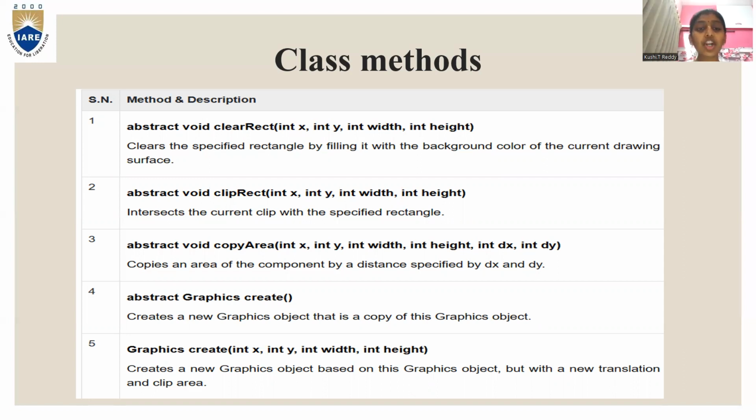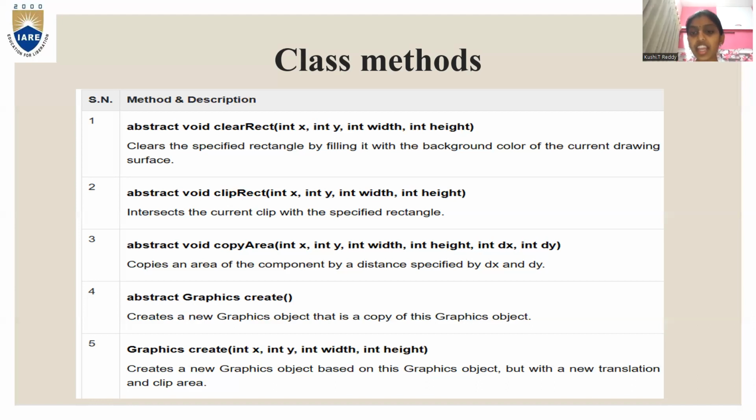Next is abstract void clipRect, which intersects the current clip with the specified rectangle. Then abstract void copyArea(int x, int y, int width, int height, int dx, int dy) copies an area of the component by a distance specified by dx and dy.